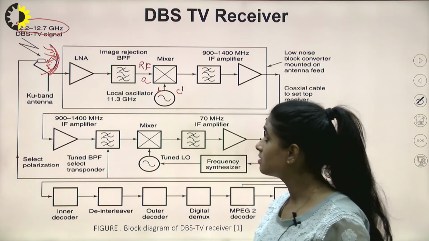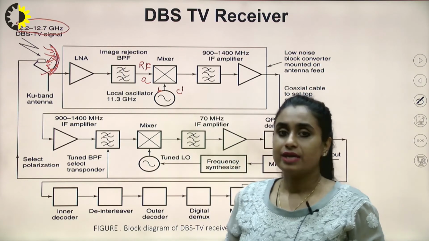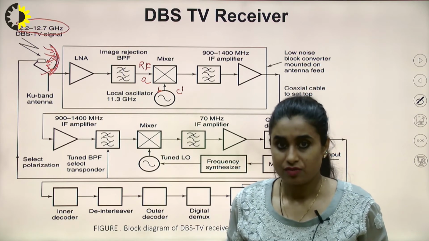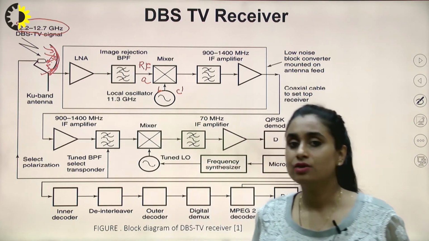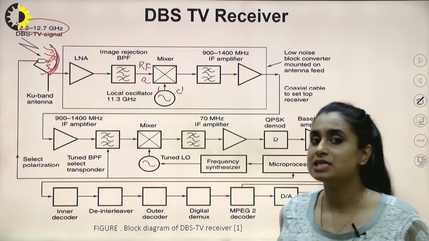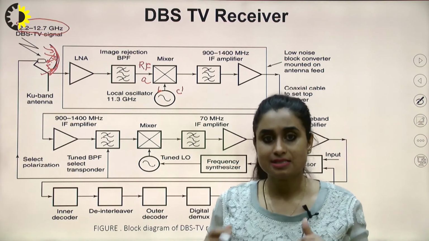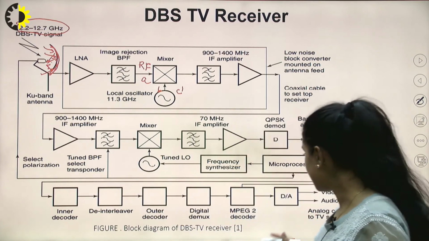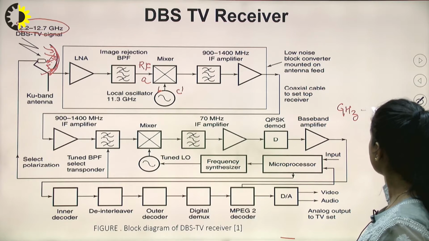Here, I choose the IF frequency, which is the intermediate frequency. After receiving the radio frequency, I do not directly down convert it to the baseband signal. I first down convert it to the IF, the intermediate frequency range. That is, I do not jump directly from gigahertz to hertz.